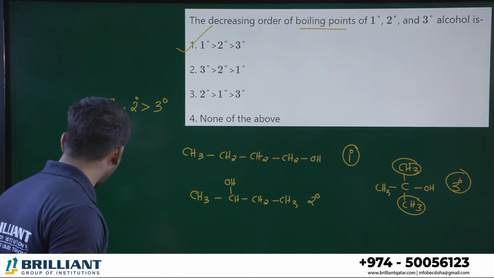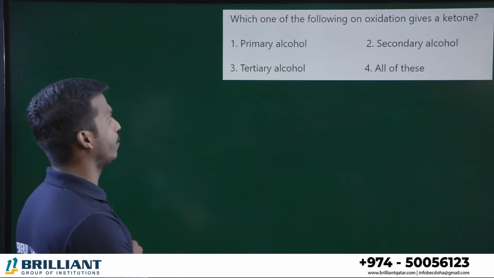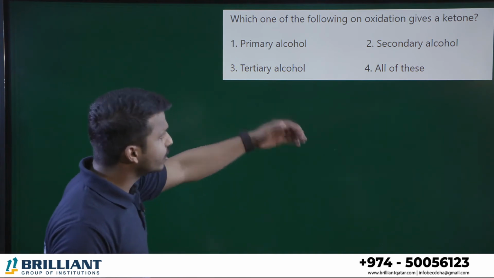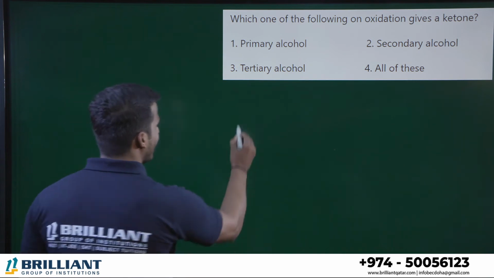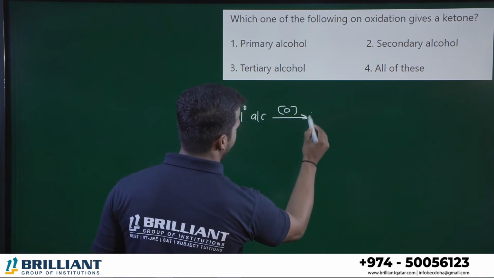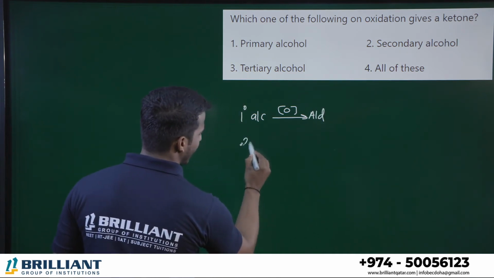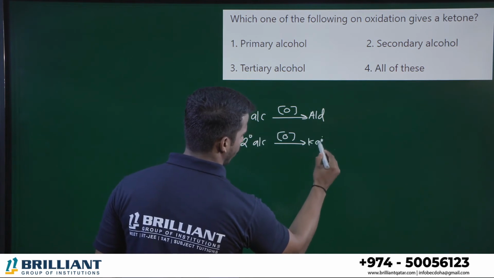Alright? I'm going to the next question. A simple question. Which one of the following on oxidation gives a ketone? We studied that primary alcohol on oxidation gives aldehyde. Secondary alcohol on oxidation gives ketone.